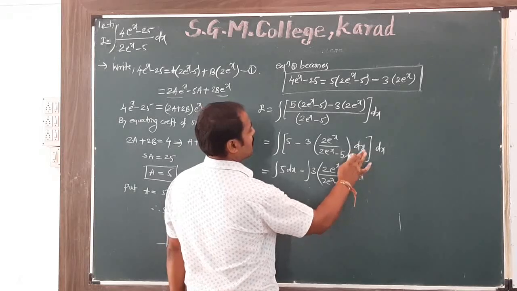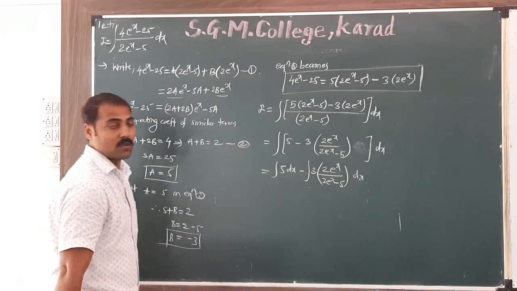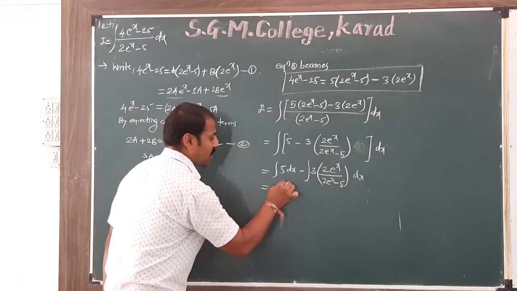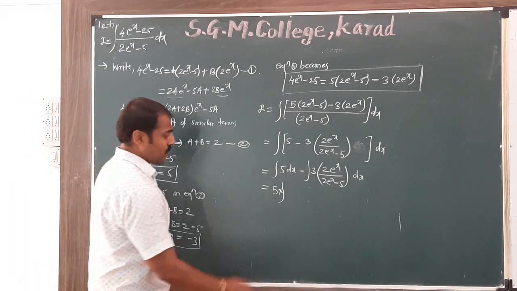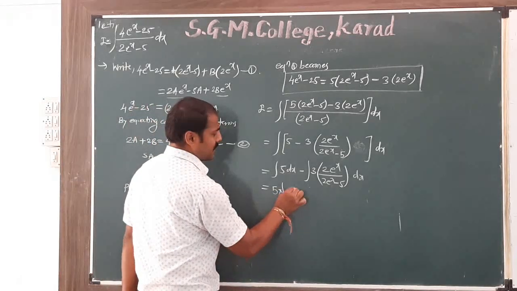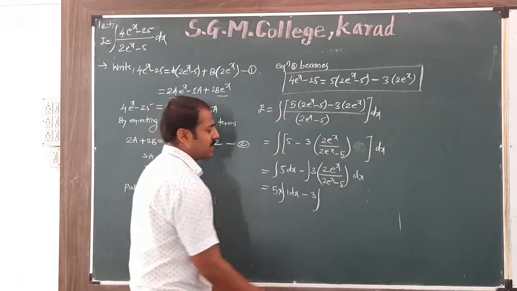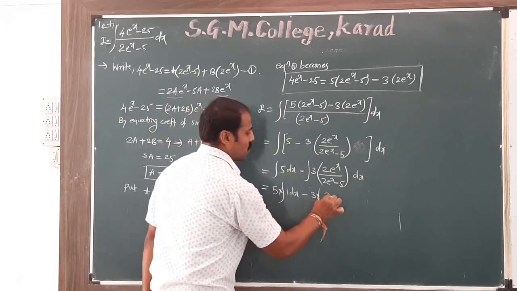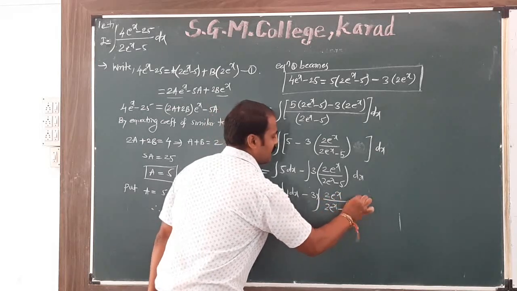Here is one mistake, dx is written twice. So inside the integration there is constant, take constant outside the integration sign. 5 is constant, take outside, integration of 1 is there, minus 3 is constant, take outside the integration, integration of 2 e raised to x divided by 2 e raised to x minus 5 is there.